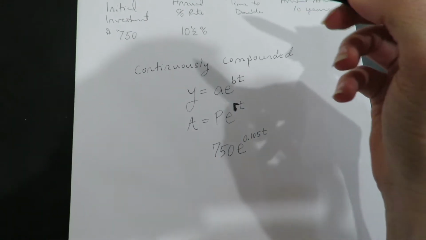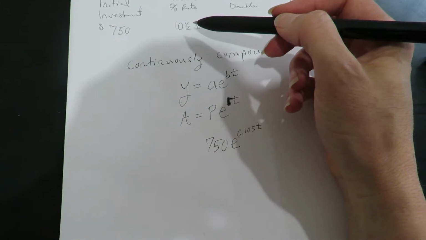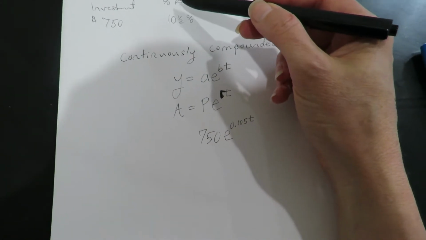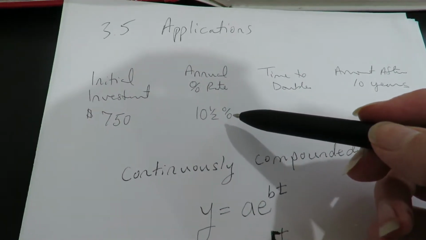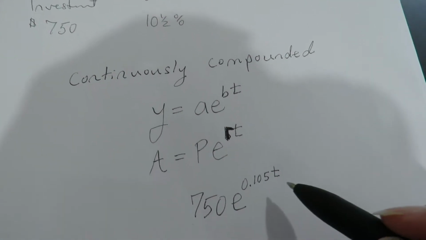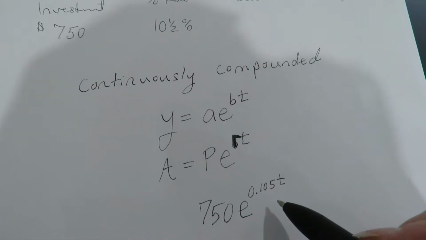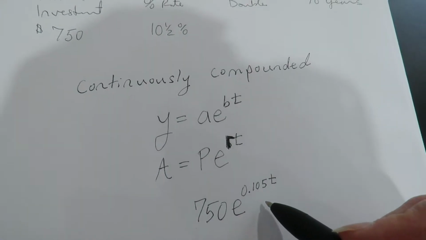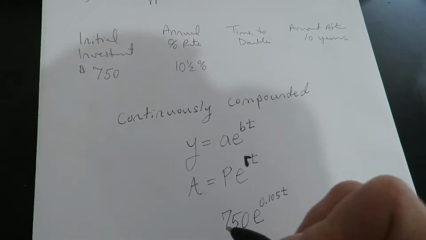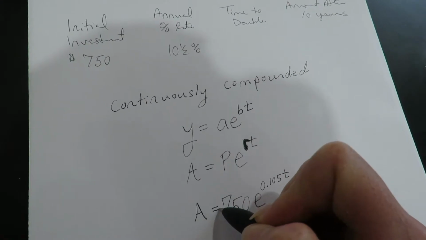Let me remind you that you need to convert your percents to decimals, so that's moving the decimal 2 units to the left. Those are the parts that we're given.